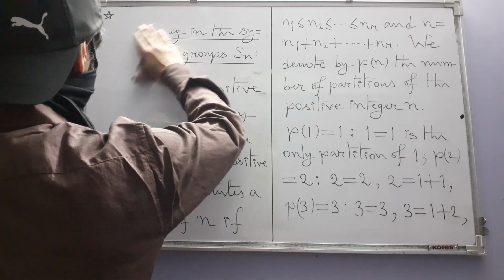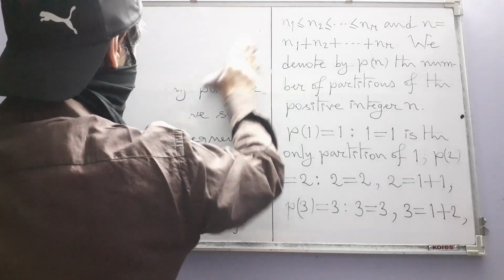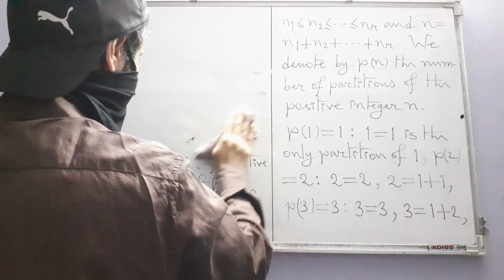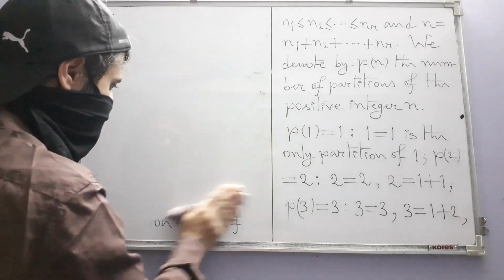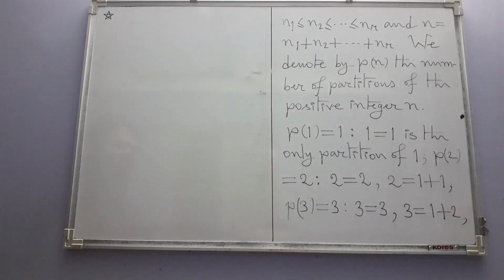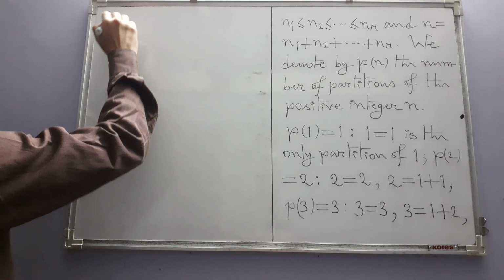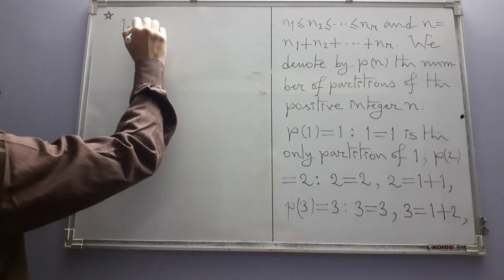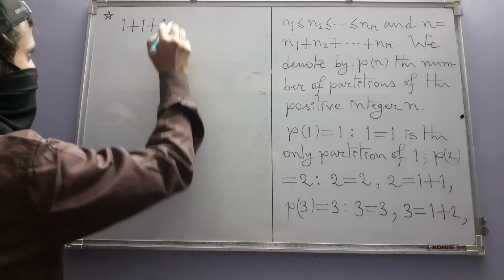Well, I mean 1, 2, and the other one is 1, 1, 1. Each sum is equal to 3.